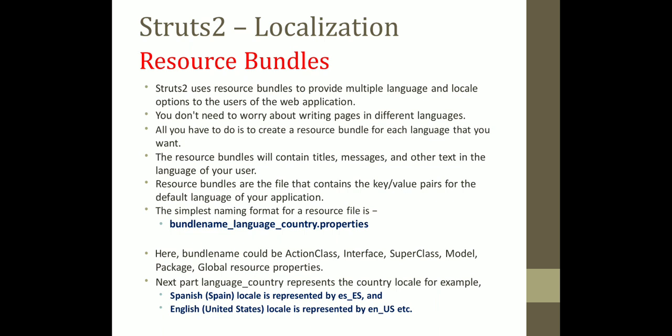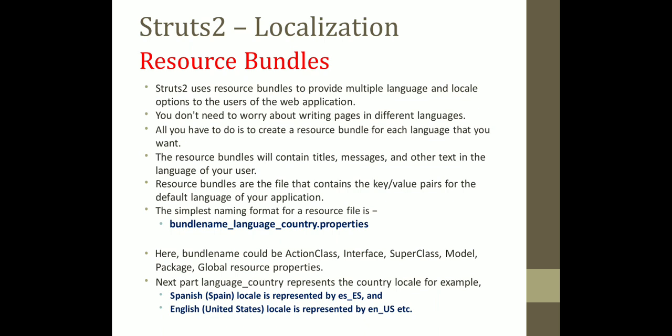Here the bundle name could be just the key value pair for any default language of the application. So the bundle name could be action class, interface, superclass, model package or global resource property. Then the next part, language_country, represents the country locale.